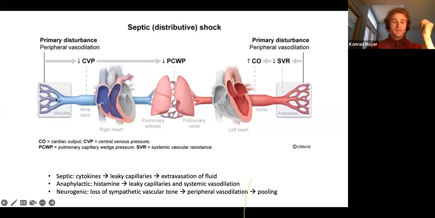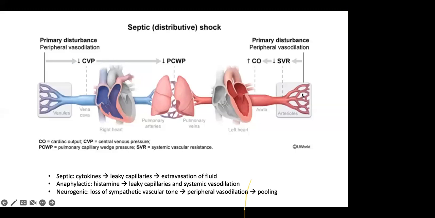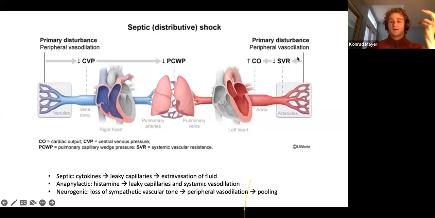So right here, once again, we have periphery. These are both the periphery. We have right heart, lungs, left heart. So in distributive shock, where's the problem? The problem is here. It's in the systemic vascular resistance, as in the formula that I showed you earlier. So we have decreased systemic vascular resistance. As a result, the heart is pumping much more, so we have increased cardiac output.